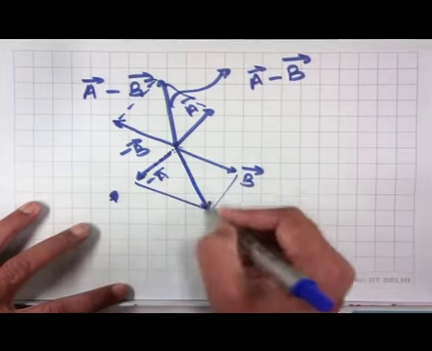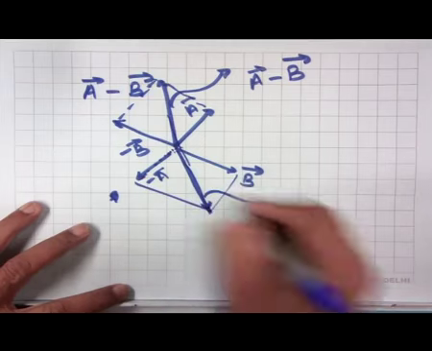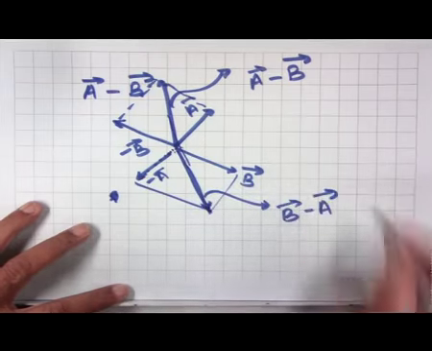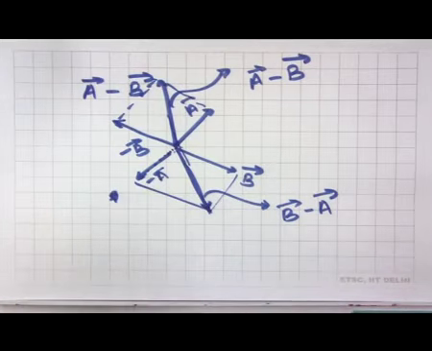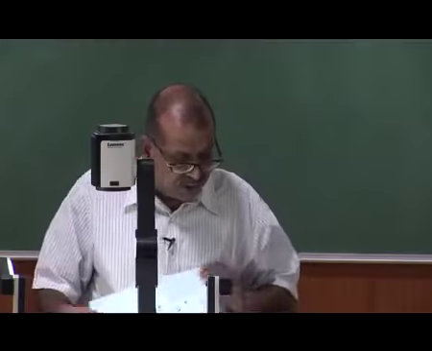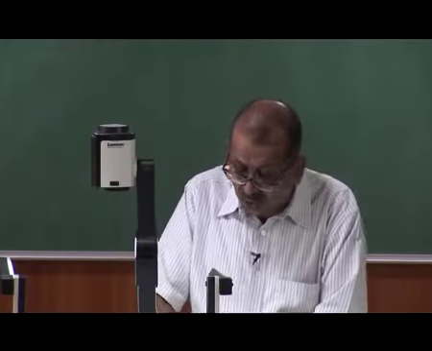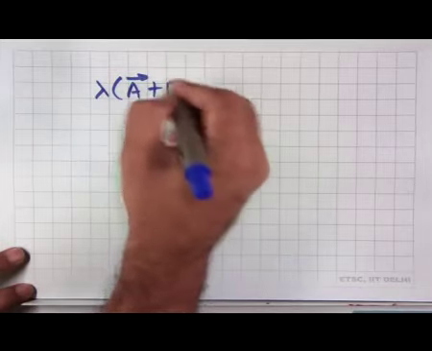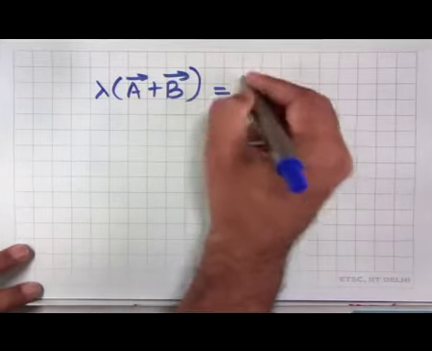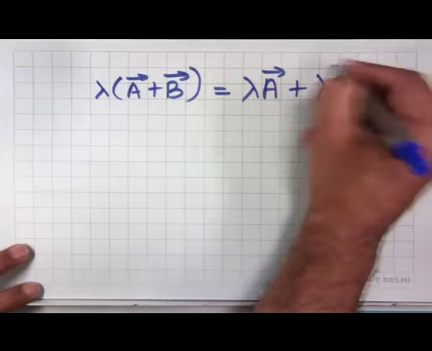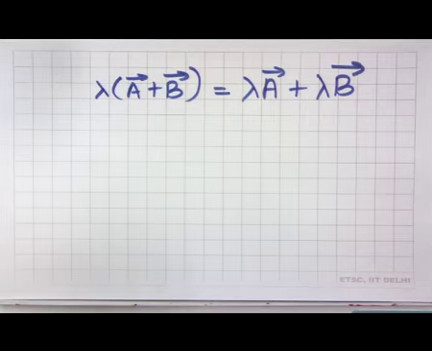In fact, it will fall on the same line, and this vector will be equal to B minus A. In fact, B minus A will be minus of A minus B, so they will fall in opposite directions. Now, if we have a scalar lambda multiplied by the sum A plus B, this will be equal to lambda times A plus lambda times B, and this can be verified.